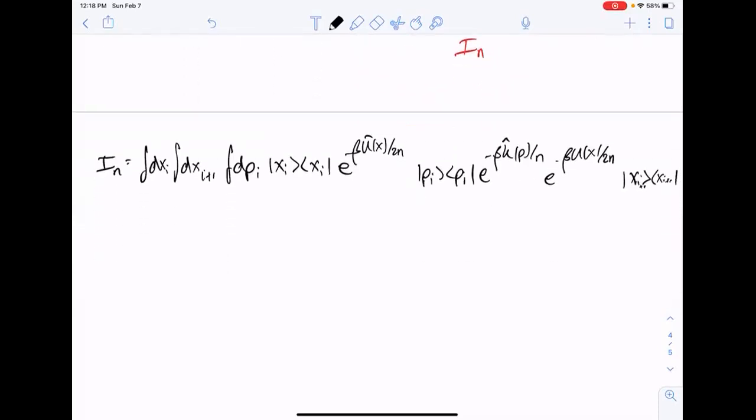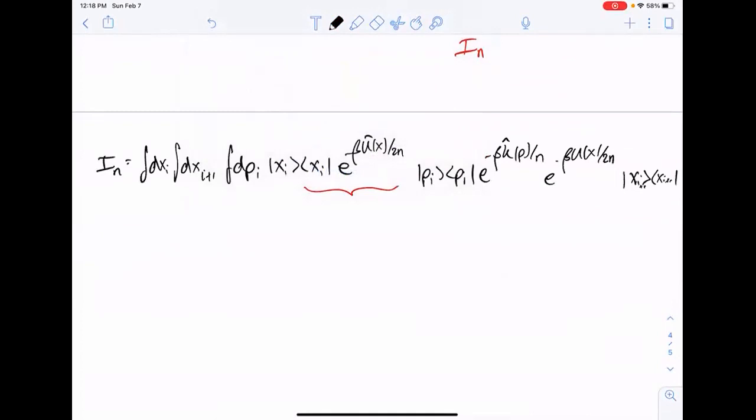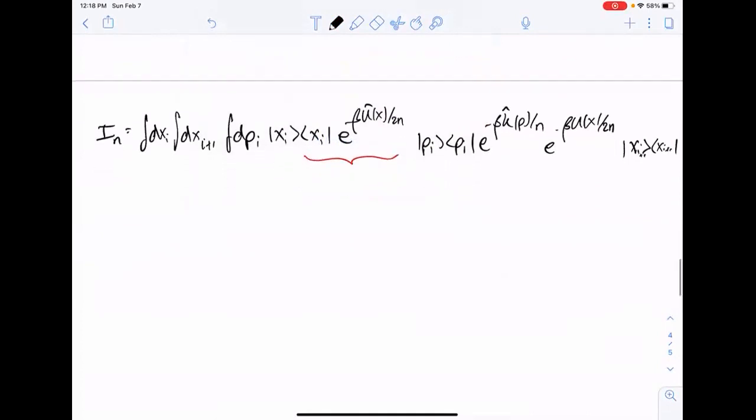But now note this. If I act U, the potential energy operator, on a set of real space states, it's diagonal in that set. I will turn it into that function evaluated at the number x, not the operator x, evaluated at that point, xi.